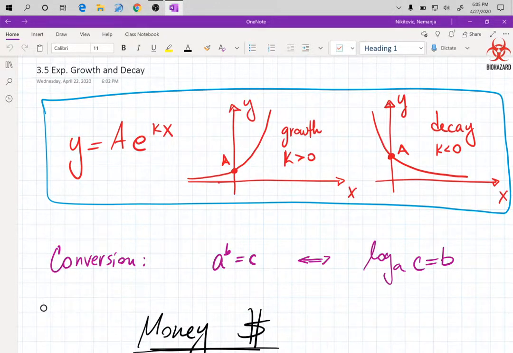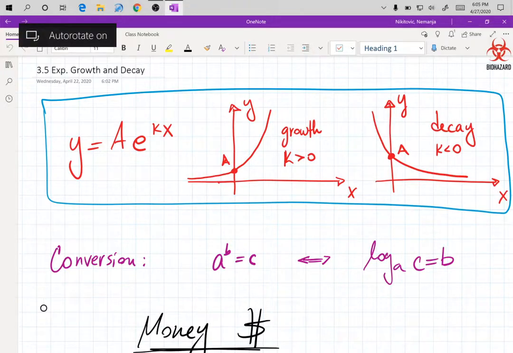This is the second part of our 3.5 exponential growth and decay, and we will be talking about decay. So today we're going to take a look at the formula when k is less than 0. So let's take a look at decay problems. Those are very important across the board for many applications, some of which are carbon dating and radioactive decay, garbage decay.